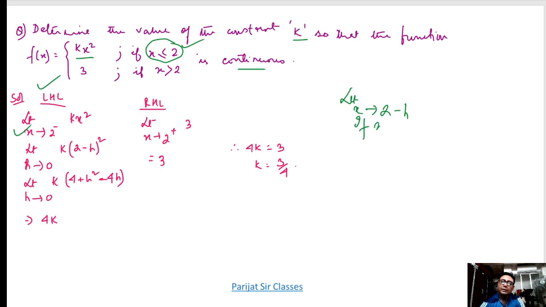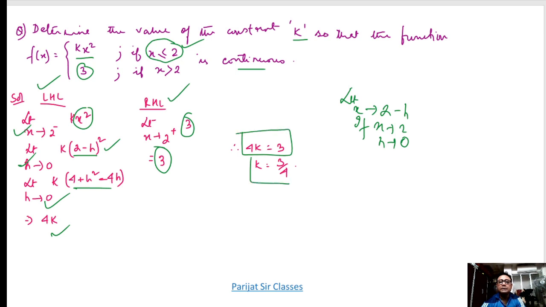If x tends to 2, h tends to 0. In place of x, I will put (2 minus h) whole square. Now put the value of h as 0. We get 4k. For the right hand limit, I will take the function as 3, so the answer is 3. Because it is continuous, left hand limit should be equal to right hand limit. So the answer is k = 3/4.